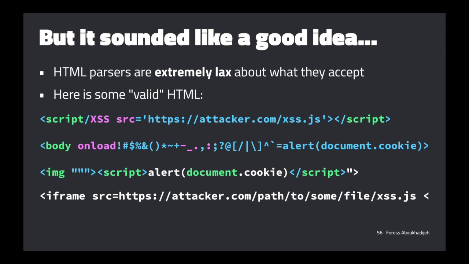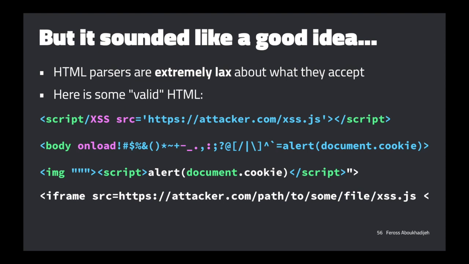So in this case, this is interpreted as script space XSS space source blah blah blah. And why is this significant? Why would I want to write a tag like this? Well, if I'm an attacker and I know you're looking for a blacklist of tag names that I'm not supposed to use, let's say I know you're searching for angle brackets script space, because you think that all tags have to start with the name and then a space and so on.